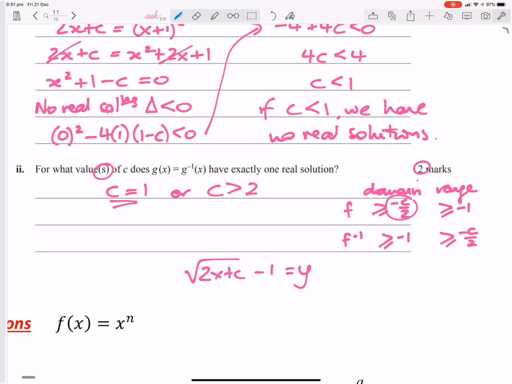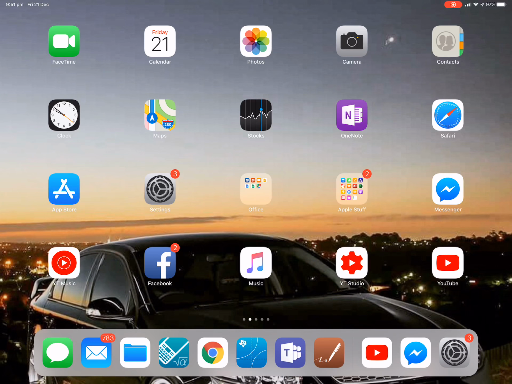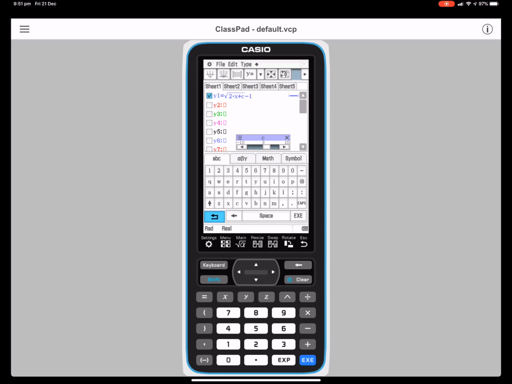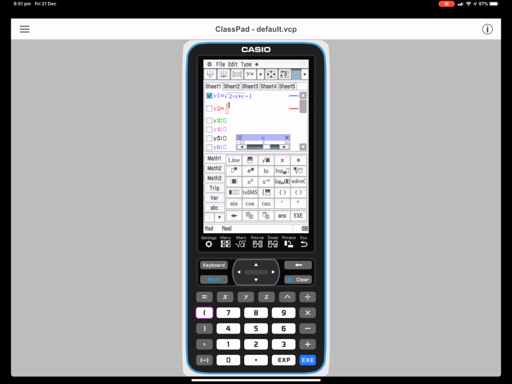So we would get our inverse, let me change that to be a y. It is x plus 1 squared minus c on 2. x plus 1 squared minus c on 2.